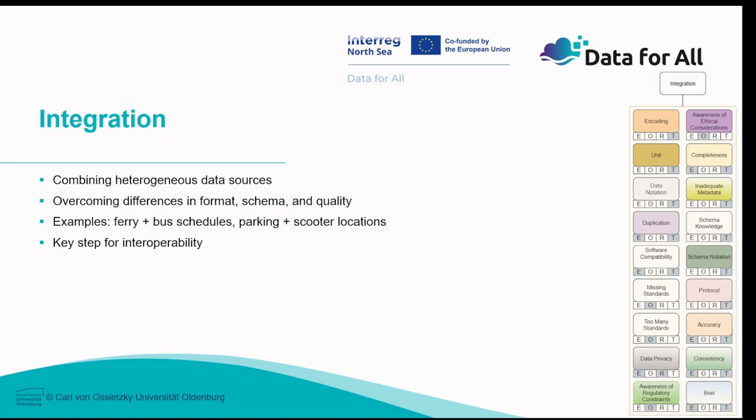The third data phase is integration. We want to talk about some issues that happen in this phase. Duplication. Duplication happens when the same data exists in more than one system or dataset. This can cause inconsistency, waste effort, and lower data quality.